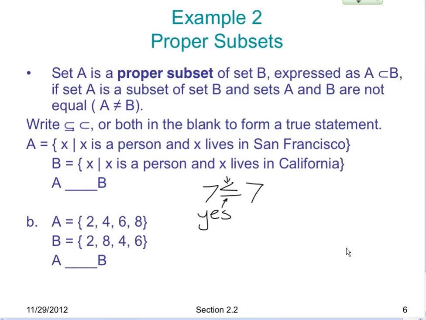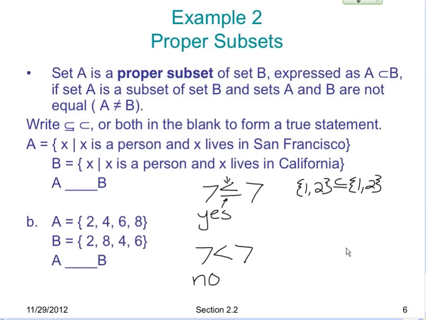Relating that to sets, we have the set {1, 2}. It is a subset of the set {1, 2}. But this isn't the only type of inequality we have. Let's look at 7 is less than 7. Is this true? No, that's not true.